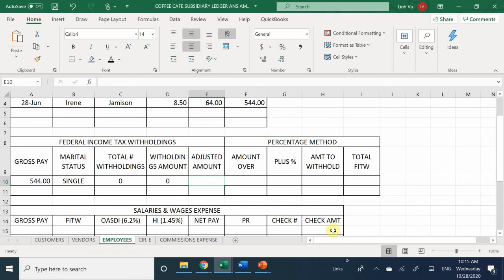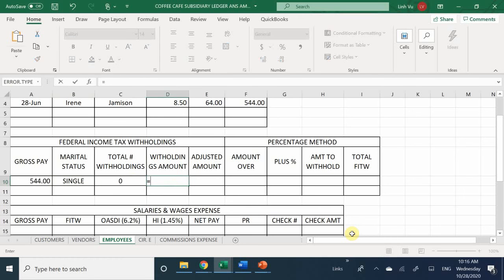All right, hold on. Adjusted amount. Amount over plus amount to withhold. So what's going to happen is you're supposed to do total withholdings to get your total adjusted amount, which in this case is going to be 0 because we're not going to withhold anything from that.